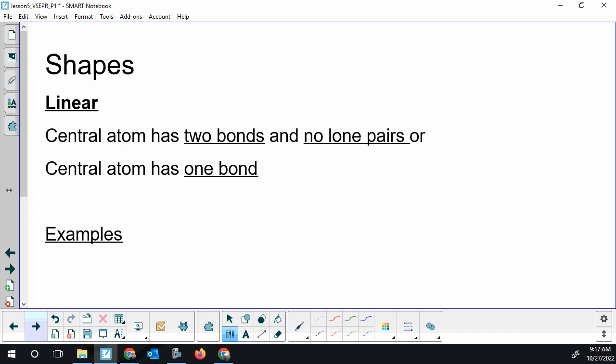So first shape we're going to go through is linear. You're going to get this in 2 different circumstances. You have a central atom that has 2 bonds and no lone pairs, or the central atom only has 1 bond. So it'll have to be a straight line.